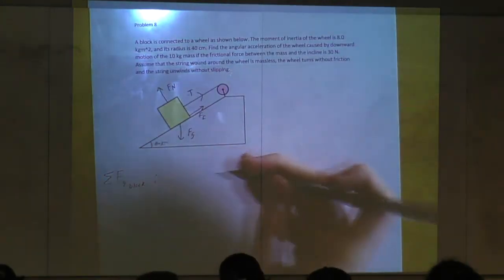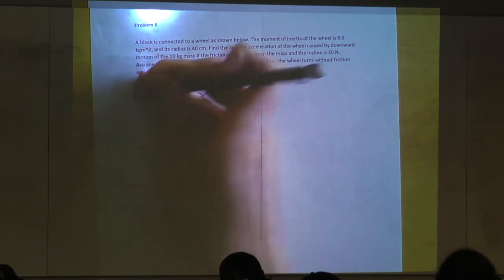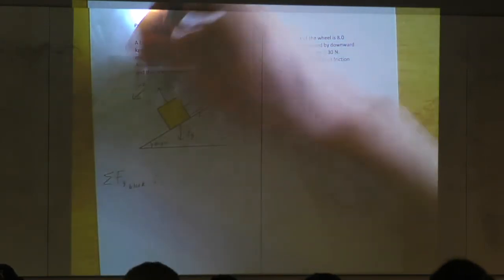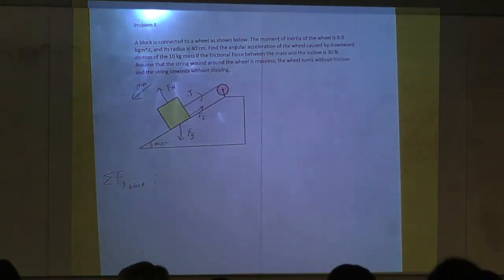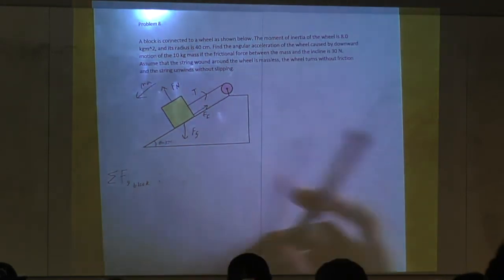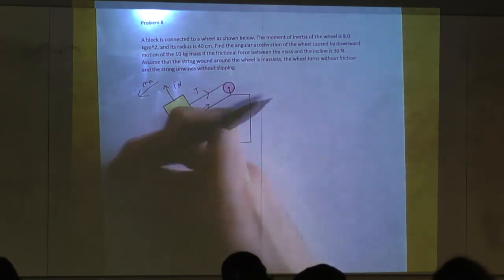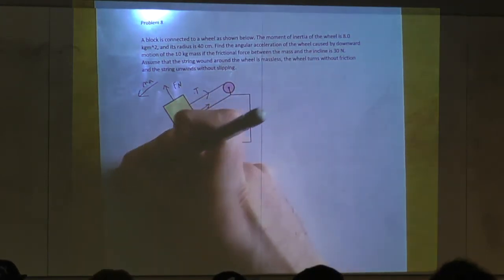And then we've got the fact that this is all sliding downwards. Now if we want to plug this in, oh wait, sorry, this is supposed to be x, not y.